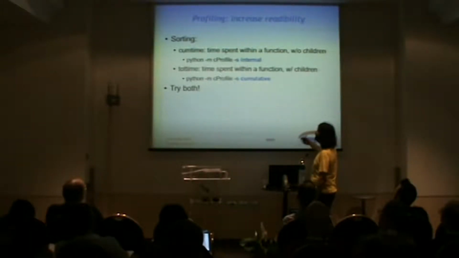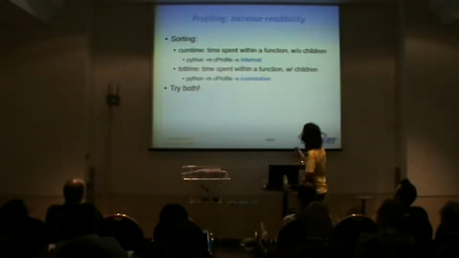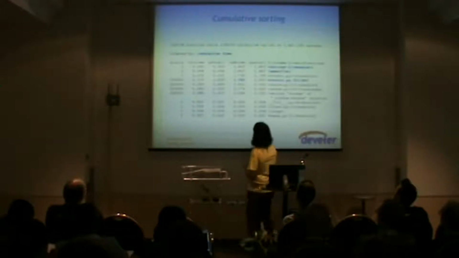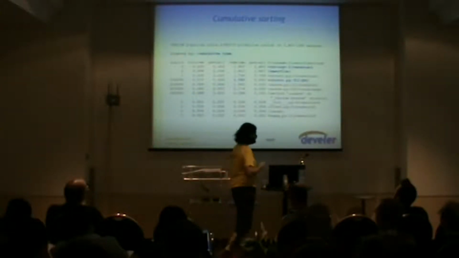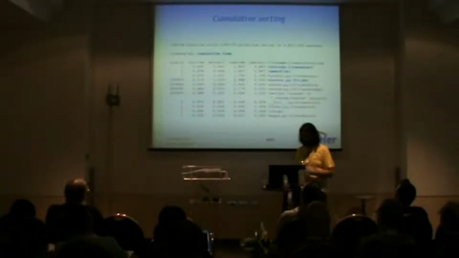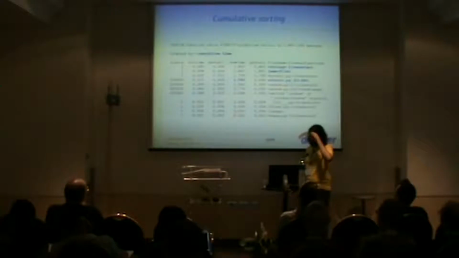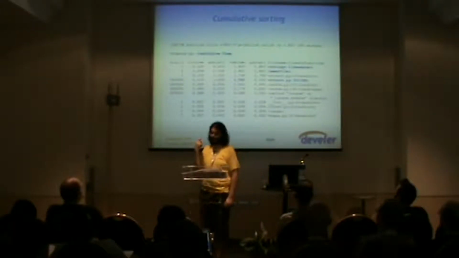They should use the same word, command line and column, but they don't. So, for instance, here I'm sorting by cumulative time, which is the function with all the children. So the function that takes the most time to execute, cumulative, is the main. Okay?